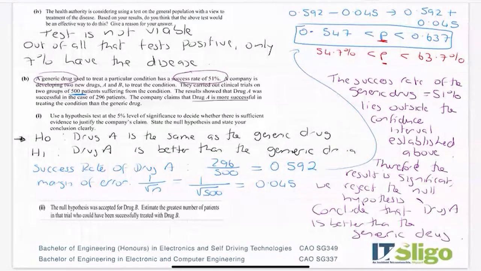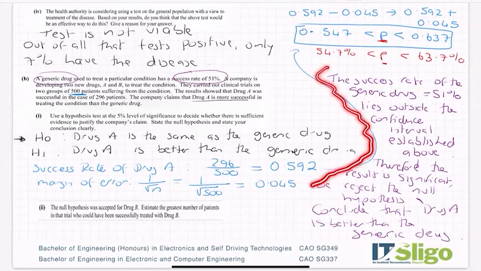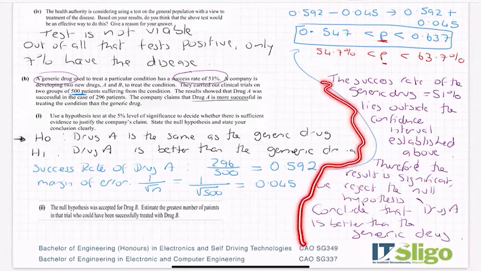Another way of phrasing it is there is sufficient evidence that the new drug is better than the generic drug. Or however you want to phrase it, you will find teachers phrase this slightly differently. It seems to change every couple of years as to what is the best way to phrase it.